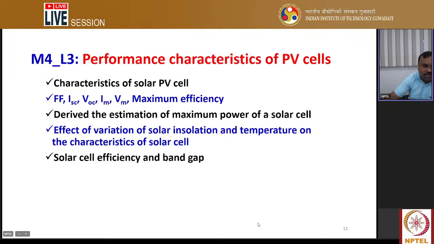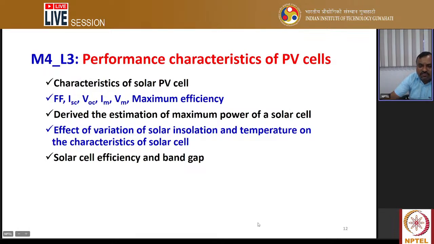In lecture 3 of module 4, performance characteristics of PV cells were analyzed. Primarily, we have studied the characteristics of PV cells. Also, we have tried to estimate the fill factor, short circuit current, open circuit voltage, maximum current, maximum voltage, and maximum efficiency.